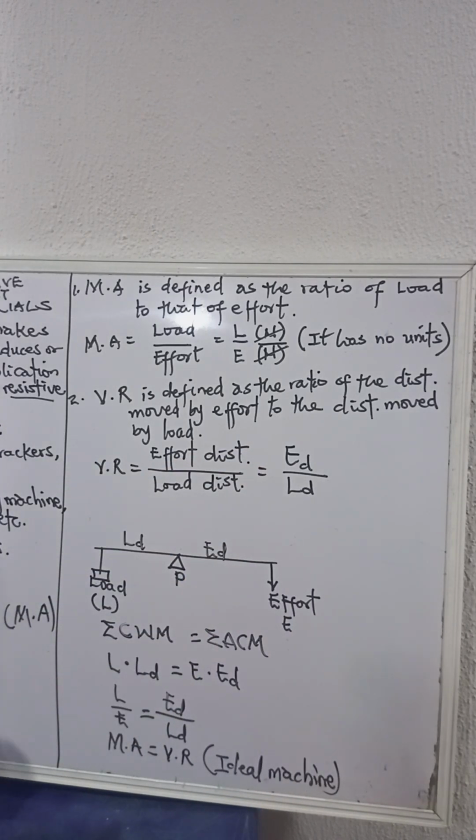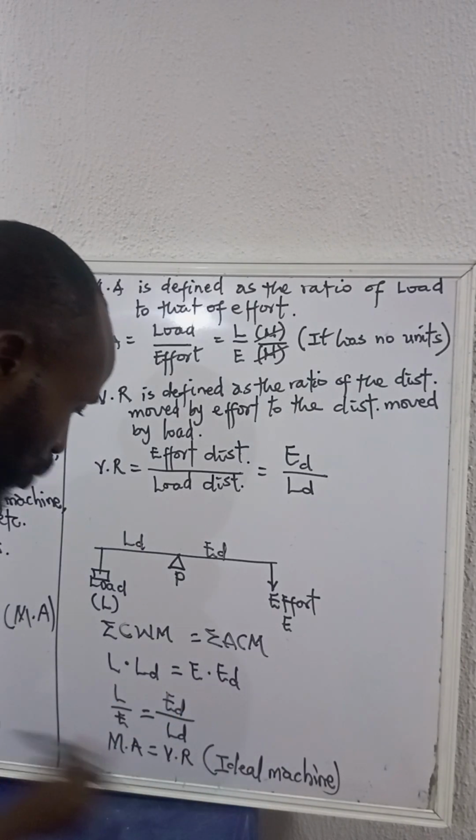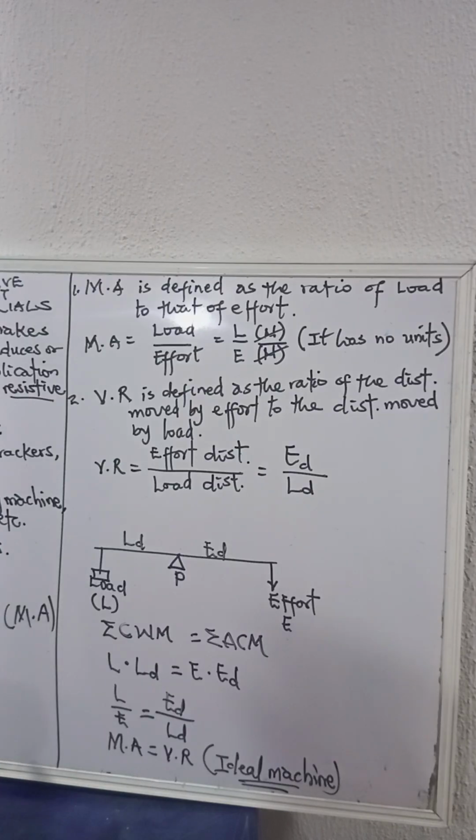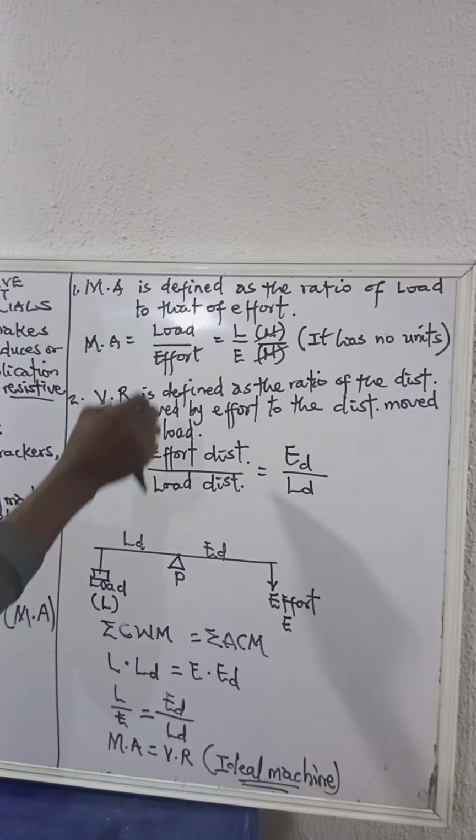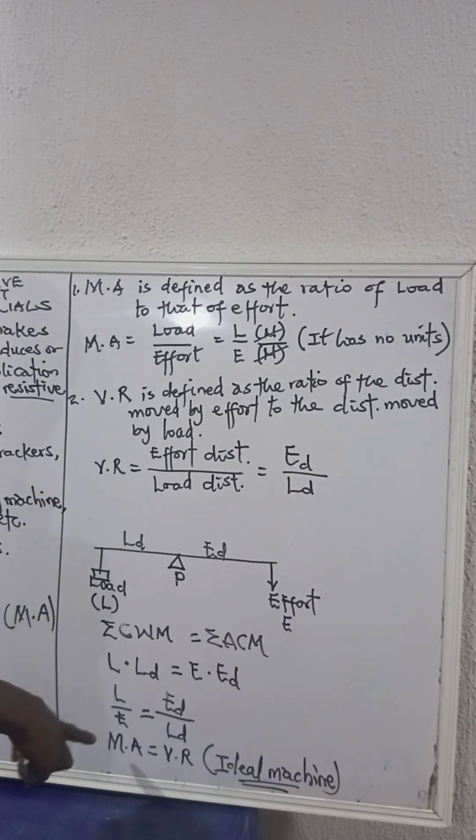Meaning that for any ideal machine, mechanical advantage will always be equal to the velocity ratio. And now, what is the meaning of ideal machine? So just hold on. In a short while, we will understand this one quite well. But I want you to get how mechanical advantage relation is obtained, as well as the velocity ratio.